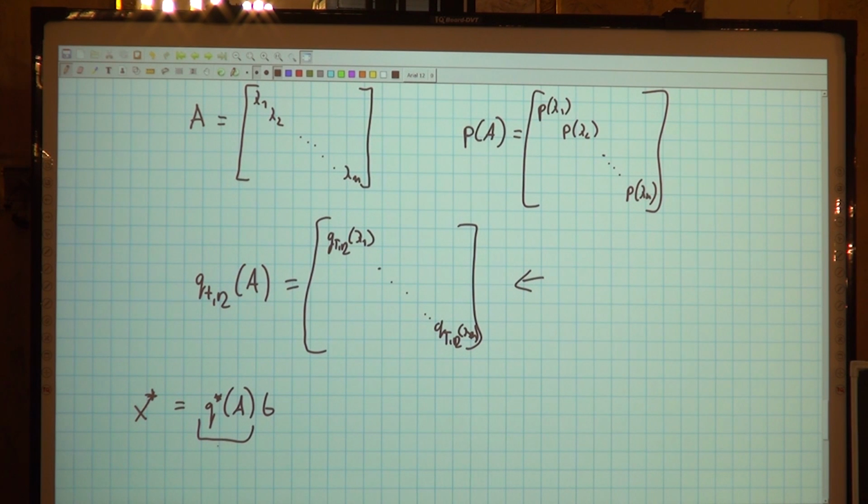Well, it doesn't need to be a polynomial. What should this function be, this q star? What is the function of A that, if I multiplied b by it, I would get the optimal solution?